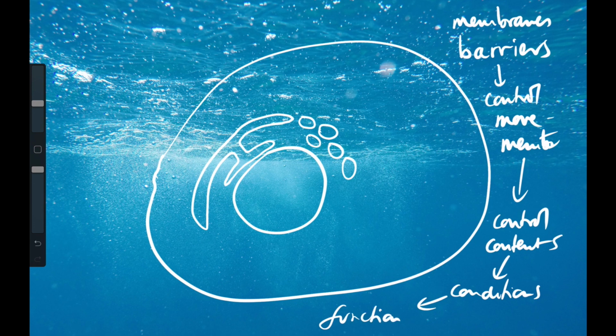So if we're only allowing certain enzymes into the smooth endoplasmic reticulum, that means that we are essentially saying that the smooth endoplasmic reticulum is going to have a certain set of functions determined by the protein content that it has. And if we can do that for the smooth endoplasmic reticulum, we can do that for the rough endoplasmic reticulum, right?